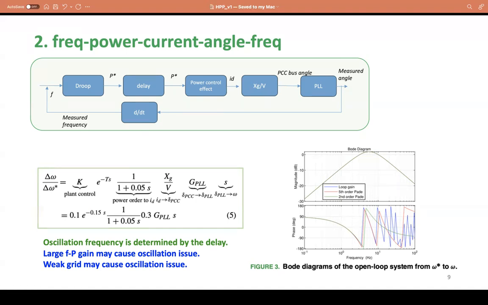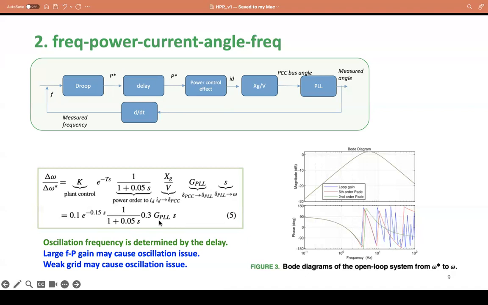For this one, we can get the loop gain again, just like before: the plant level control gain, delay, power order influence, then XG divided by the grid strength, and then PLL, and then S. So this is very similar to the previous transfer function. It has 1, 2, 3, 4 components, except that now we have the PLL.